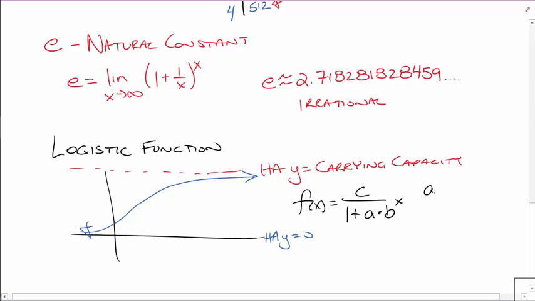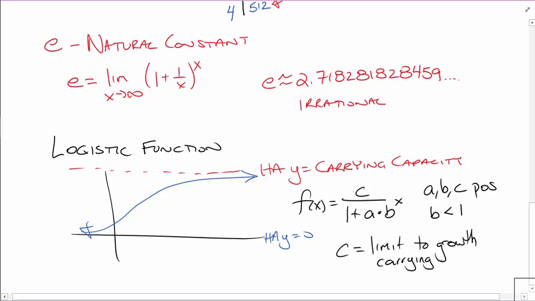A couple notes here. a, b, and c are all positive values. b needs to be less than 1. c is what we are going to call the limit to growth. I also like the term carrying capacity. It is the value that our function cannot go above.